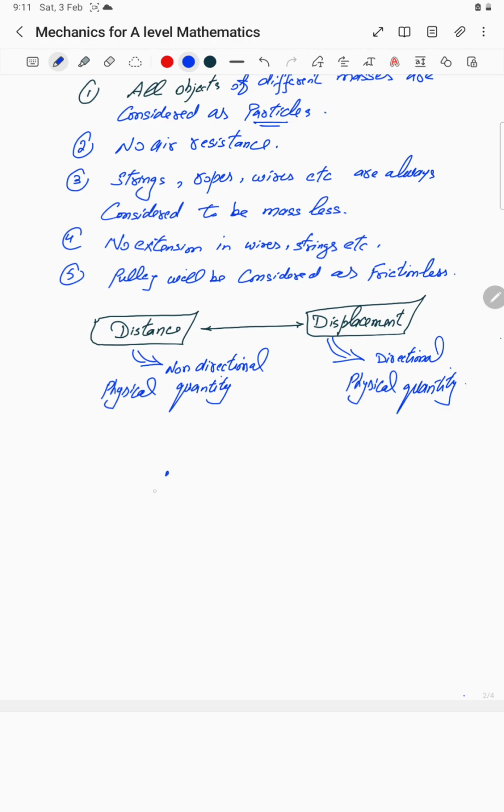You can understand this better. Suppose we have a point A here, and then B, C, and D. We need to approach D from A, and we have two routes.